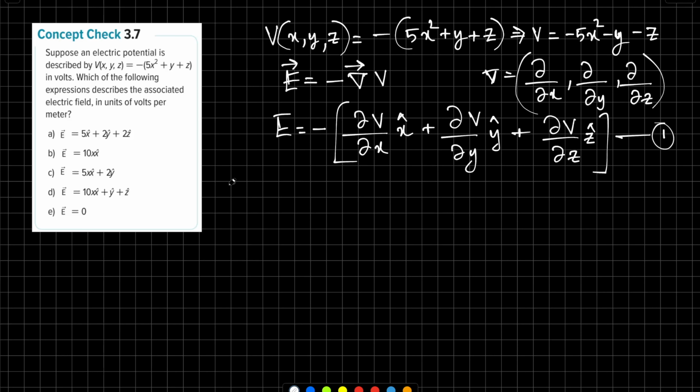Let's find ∂V/∂x. So ∂/∂x of, what is our potential function? Minus 5x² minus y minus z.